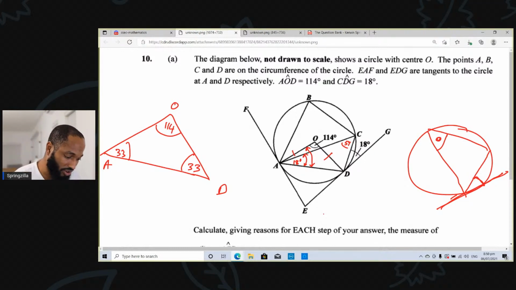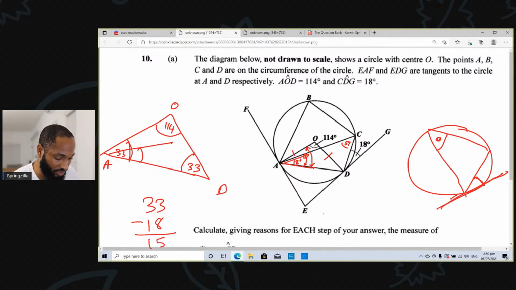Okay, so we already know how to get the answer now. It'll be 33 minus 18, because the whole thing is 33 and this part here is 18. So 33 minus 18 is 15 degrees. So that little sliver is 15 degrees.